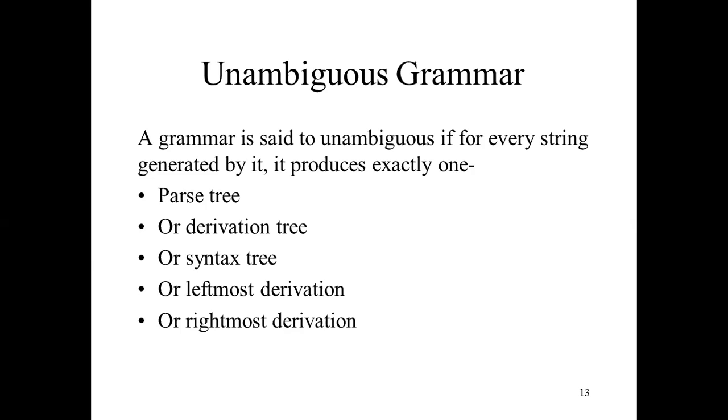In a similar way, here we will get only one parse tree, as per the need of the output. So this is called the unambiguous grammar. Here in this case we will get only a single tree.